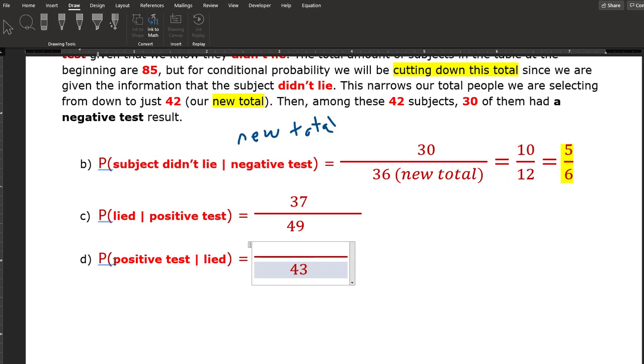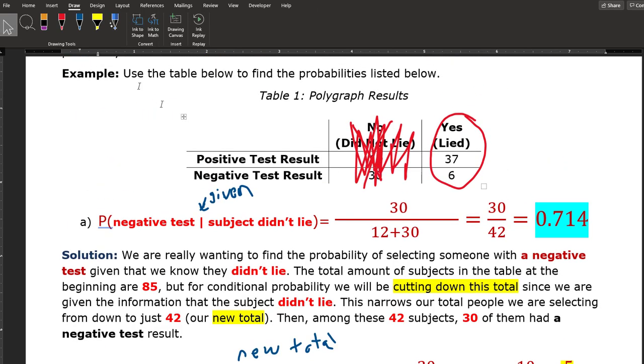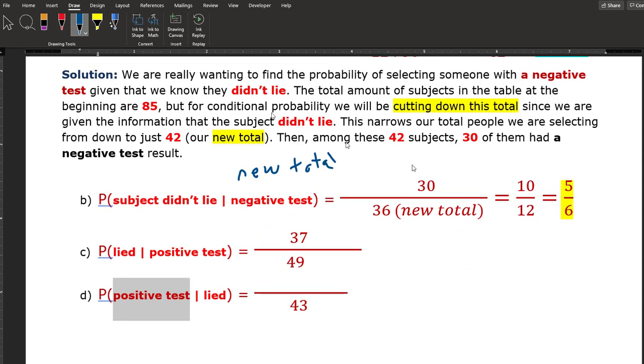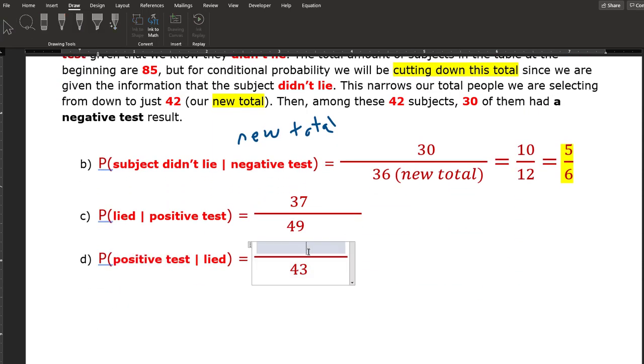Now, how many of those 43 had a positive test? Well, go back up here. Positive test is the first row. So it's going to be 37 people who had a positive test, given that they're a liar. So 37 out of 43.